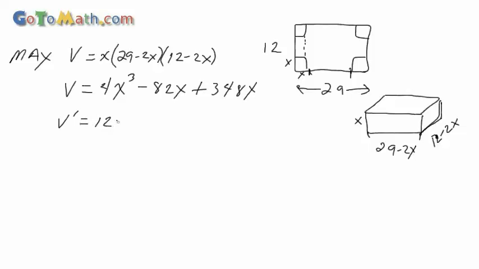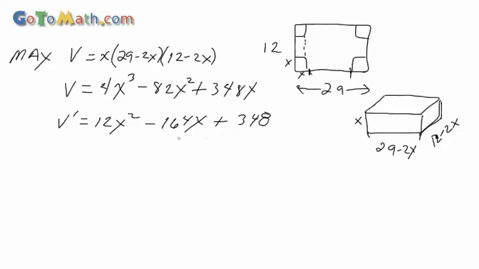Then we take the derivative. We have 12x squared minus, I left a square off there, 164x plus 348.